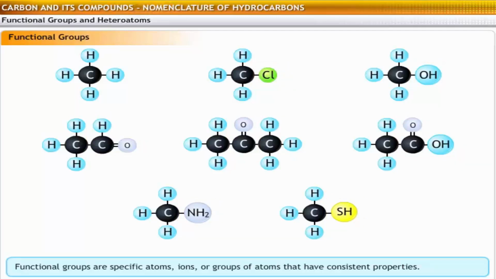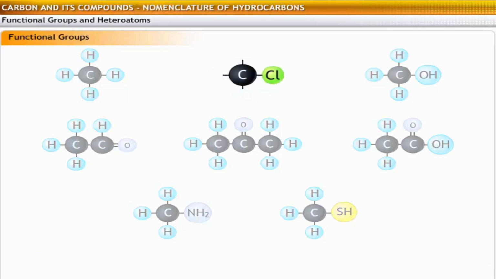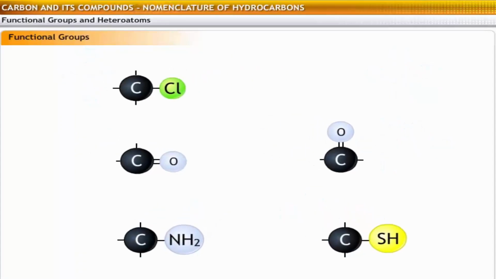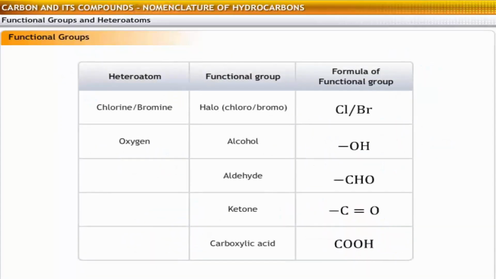In organic chemistry, apart from hydrocarbons, there are other molecules where carbon forms bonds with other elements, such as halogens, oxygen, nitrogen, and sulfur. A hydrocarbon chain contains one or more atoms of elements other than carbon and hydrogen.